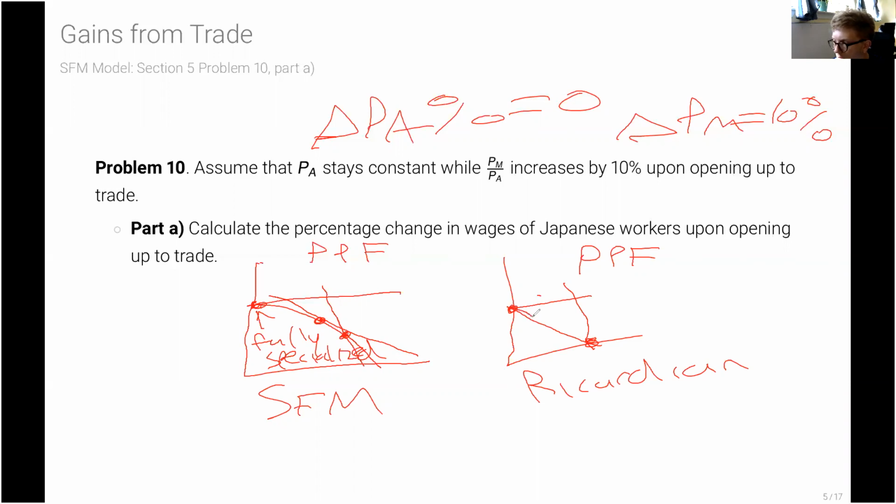The only way that we're not going to be fully specialized is if the relative price is exactly equal to the slope of the PPF, or the inverse ratio of productivities. That's going to be significantly harder to do, and so in the Ricardian model, we're going to tend to see full specialization.